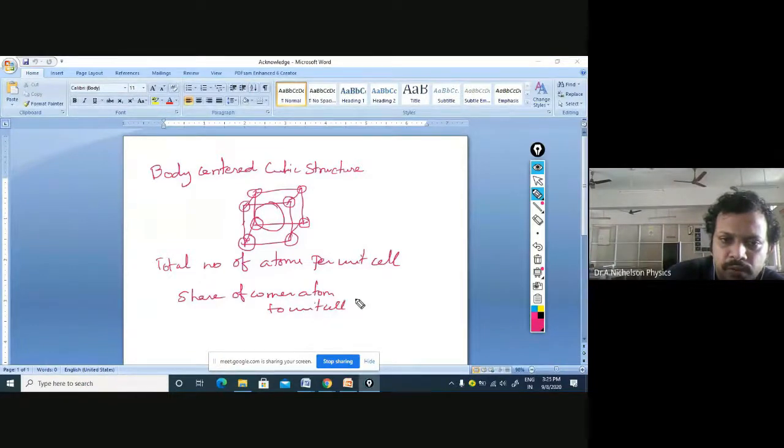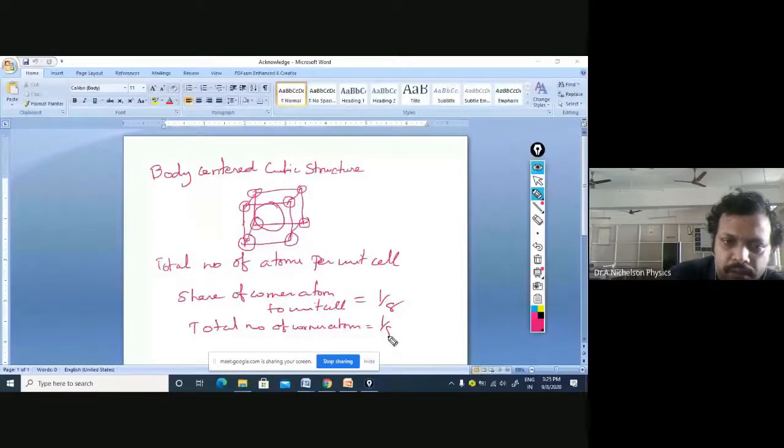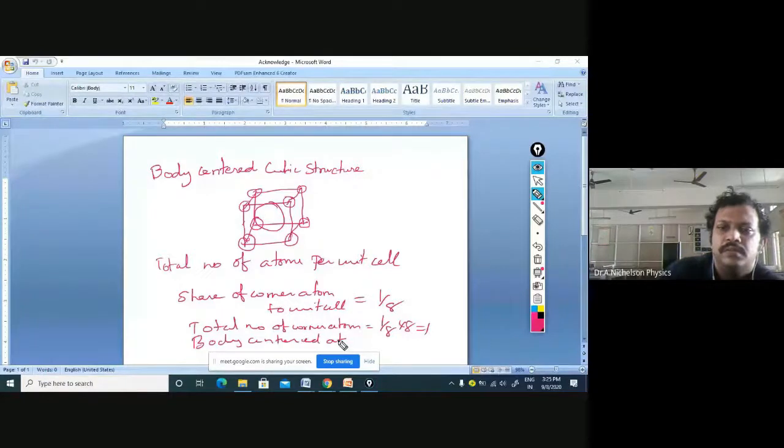The total number of corner atoms is similar to the previous one, so 1 by 8 into 8, which is equal to 1. In addition to this, the body-centered atom: the number of body-centered atoms is only one atom present there. So just follow.